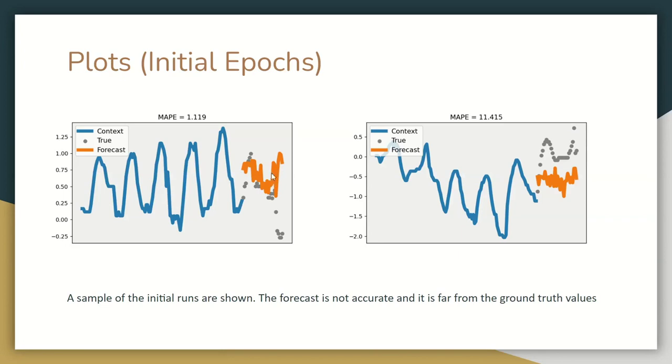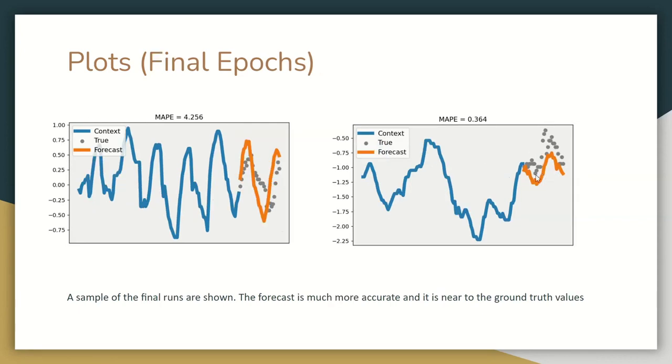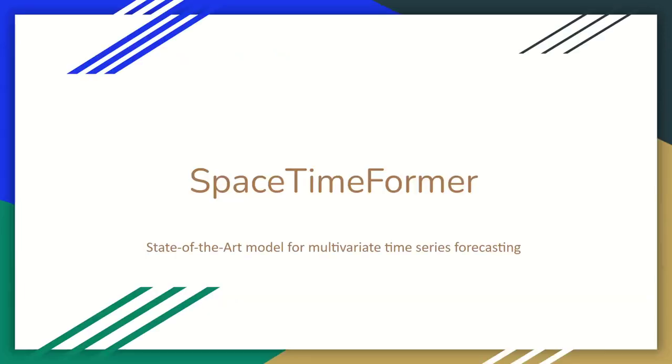Here again, the orange represents the forecast, the predictions, and the gray is the actual time series data. So they're not relevant; it's very noisy in both the cases. But after a few epochs, you can see that the predictions are falling very much on the actual, the golden state labels.